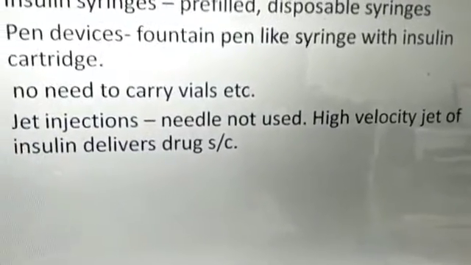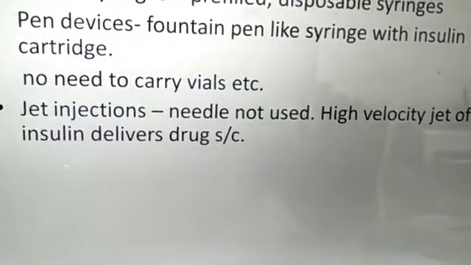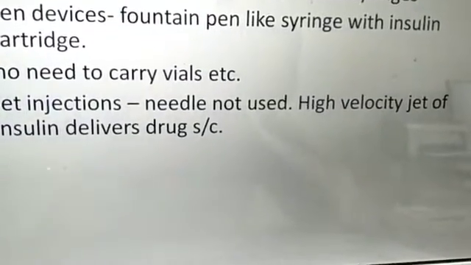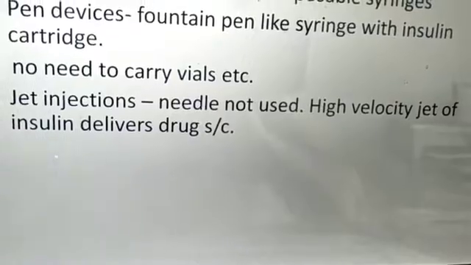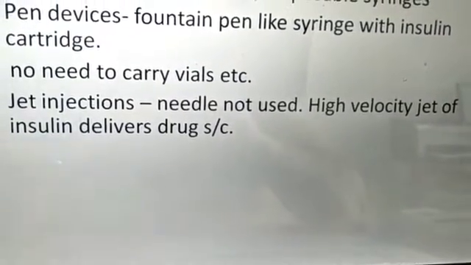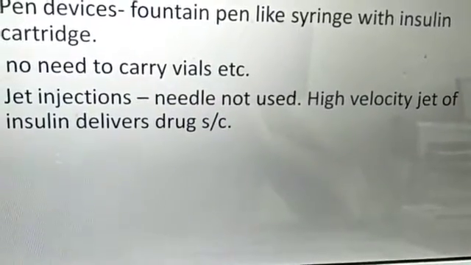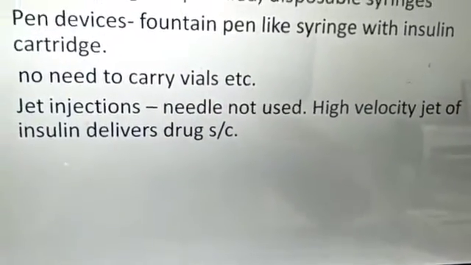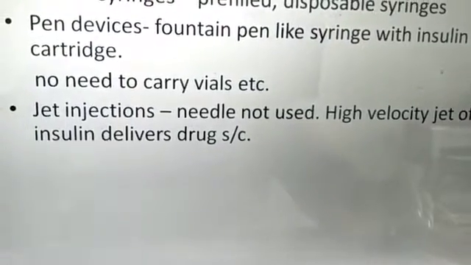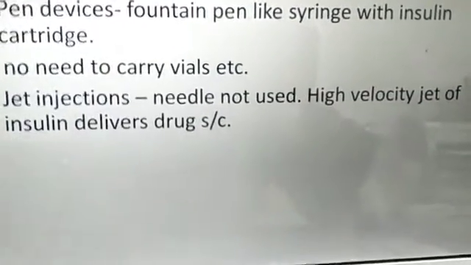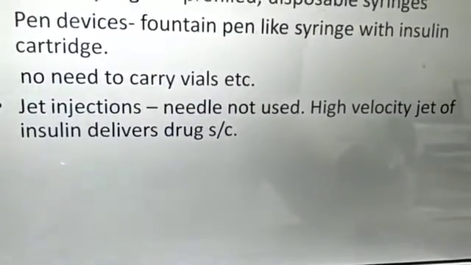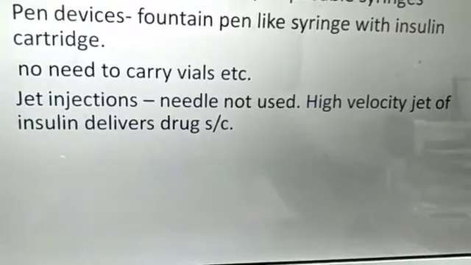Then there are jet injections or jet injectors. In this device, a high velocity jet of insulin is directed at the site of injection, so that without using the needle, these high velocity particles pierce the skin and reach into the subcutaneous space. So it excludes the need to pierce with the needle.